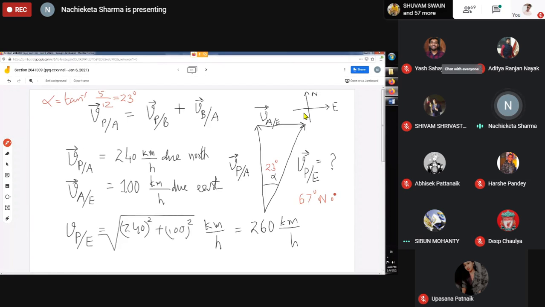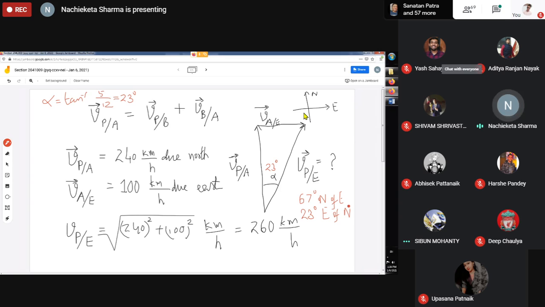That also you can say, or you can say 23 degree east of north. So the aeroplane speed with respect to earth is 260 kilometer per hour with an angle 23 degree east of north. So this is how we can work out the example.